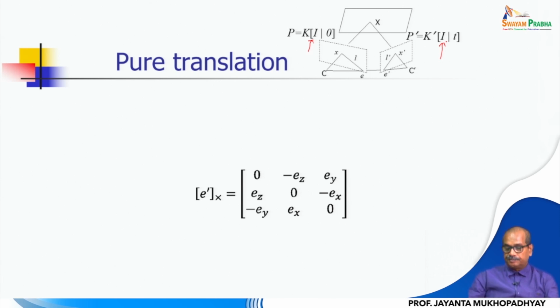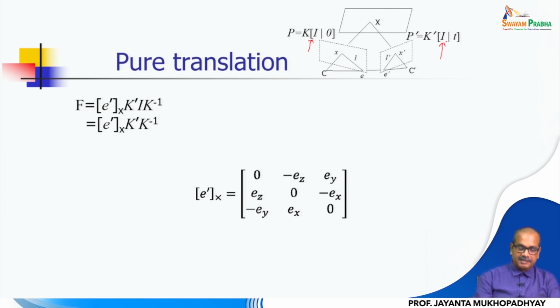Now when we do this, we can write that the fundamental matrix is e prime cross K prime I K inverse. If you remember the respective relationships I have mentioned earlier, F is e prime cross H, where H is the homography induced by a plane, and we have seen that at least one homography induced by a plane is related to the camera parameters.